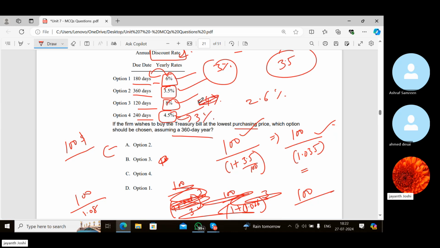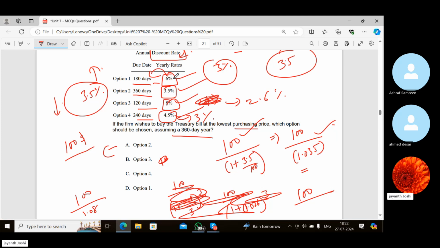3%, 2.6%, and 3%. So what I am saying is the discount factor is the highest in the case of 360 days, 3.5%. When the discount factor is higher, more discounting will happen, and you will have the lowest purchase price. Did you understand? So there is no need to solve this question fully.